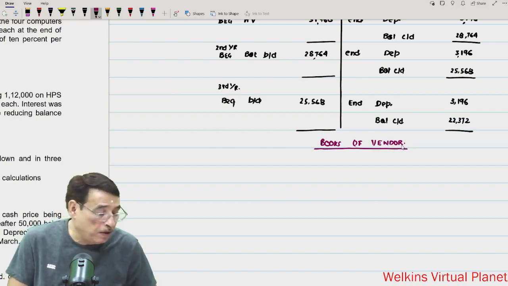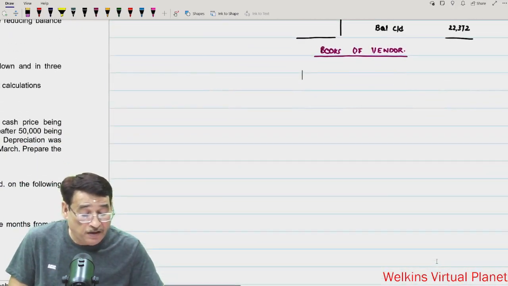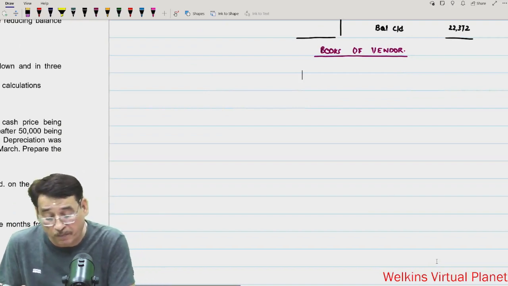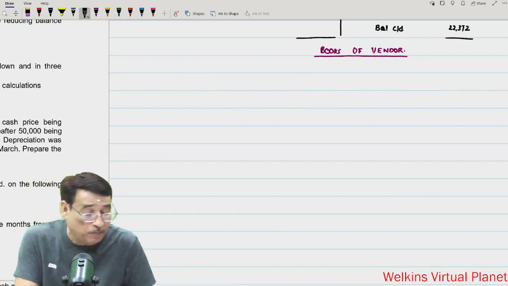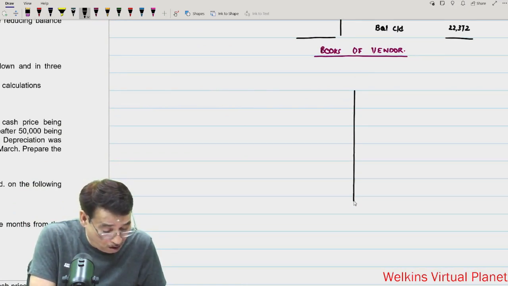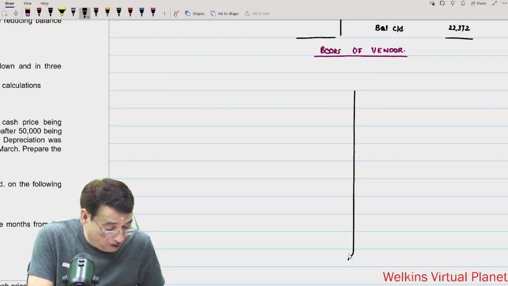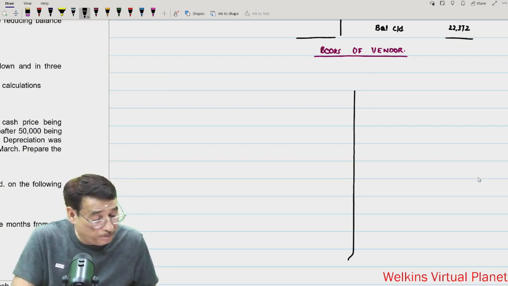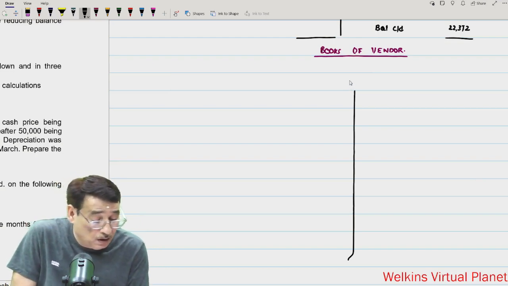But he can prepare goods repossessed account if any default is committed by the purchaser. But in this question, no default has been committed. So we will prepare only hire purchaser account. Hire purchaser account, correct? So vendor will prepare hire purchaser account.